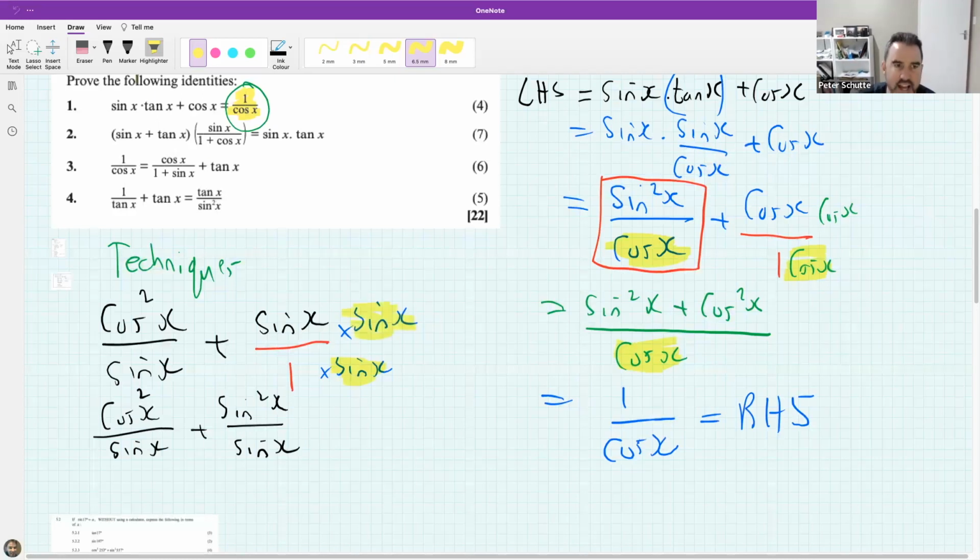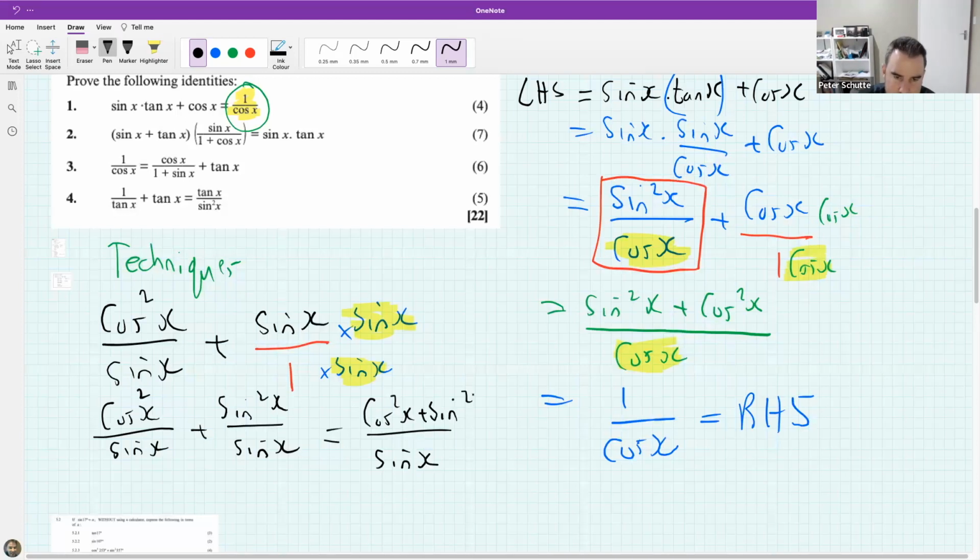And so what I've done is I've artificially created a common denominator. And now if my denominators are the same, I write down my denominator. Now I'm just making this up here to show you this technique. What is cos squared x plus sine squared x the same as?